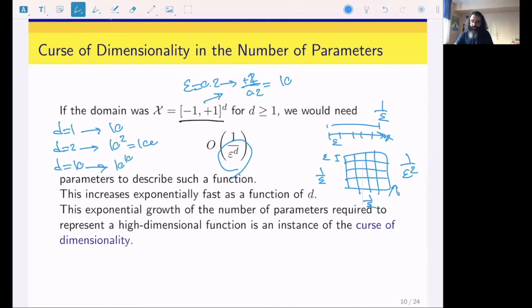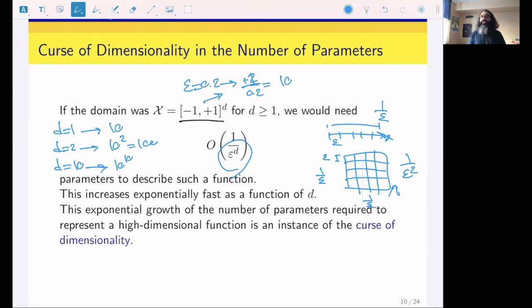And notice that a problem with a 10-dimensional state space is not actually very unusual or unheard of. Many real-world applications have dimensions that can easily be on the order of tens or even hundreds.